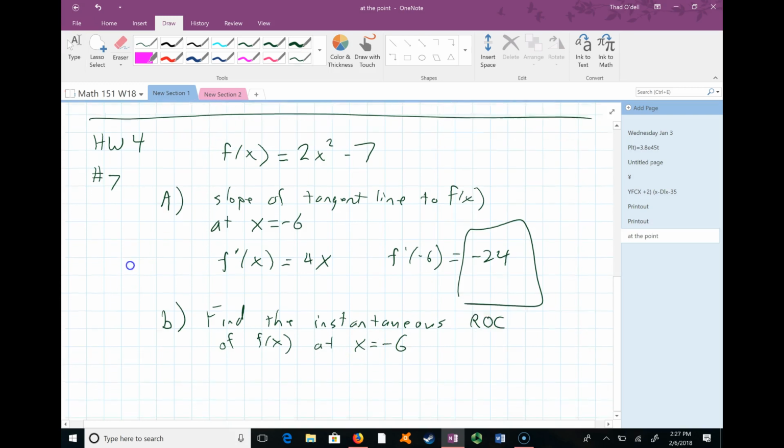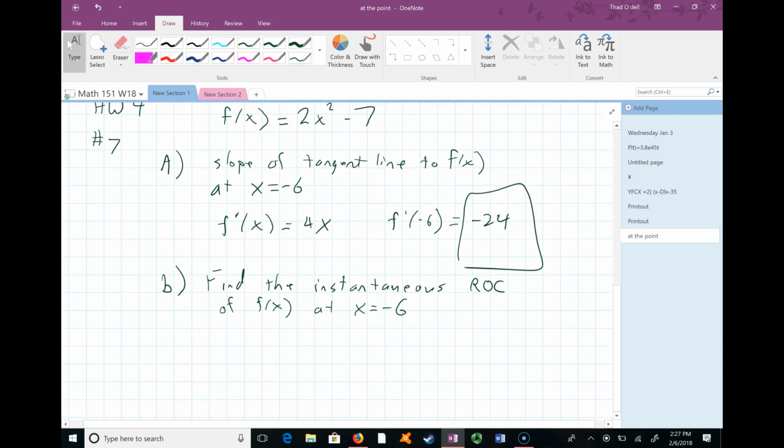Now, if we have a good, deep philosophical understanding of derivatives, we recognize that this is really asking the same question, isn't it? The instantaneous rate of change is another word for the derivative. And so we're looking for the derivative when x equals -6. Well, we just found that up here, because that's what the slope of the tangent line is. So the answer to this would be just -24.